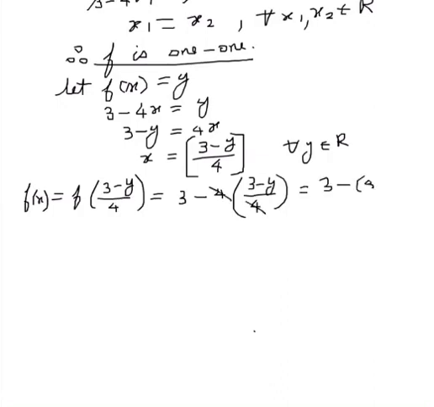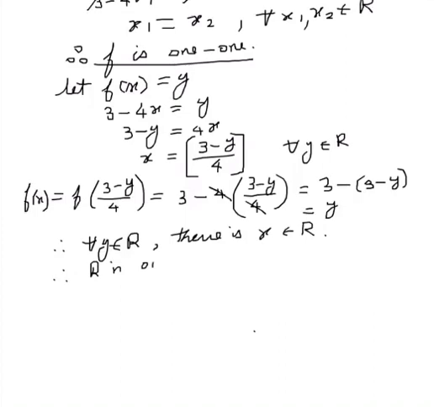So it becomes 3 minus of this, which is y. Therefore, we can conclude that f is onto. Therefore, for every y belonging to R, there exists an x in R. Therefore, f is onto.